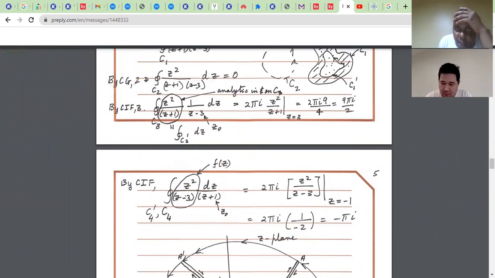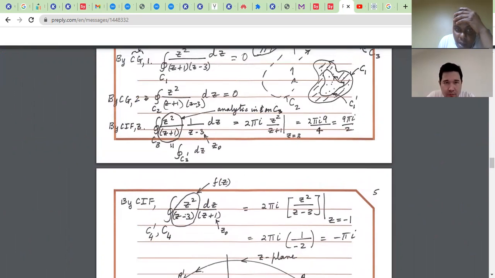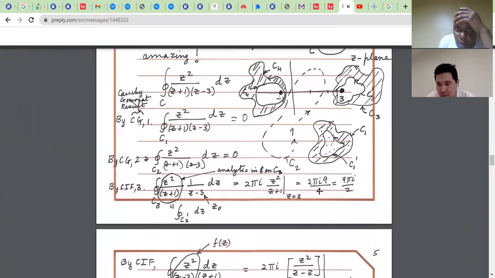So they want us to integrate along curve number 4. On curve number 4, we have a pole at -1, right? So Z0, let me write the formula first: 2 pi I f of Z0 is the contour integral of f of Z divided by Z minus Z0 dz.